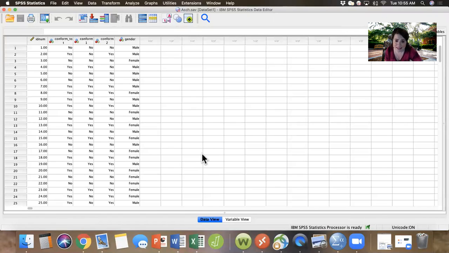As I said, essentially what we are doing in the example in this tutorial is looking at a sample of participants who participated in an attempted replication of Solomon Asch's conformity studies in the 1950s.